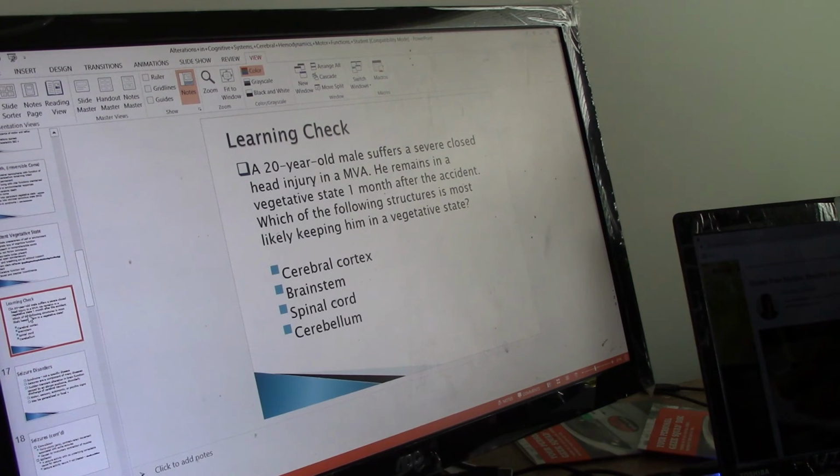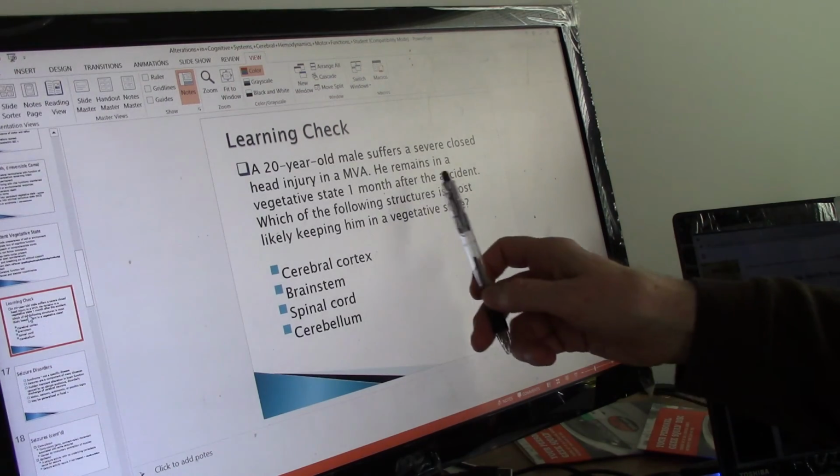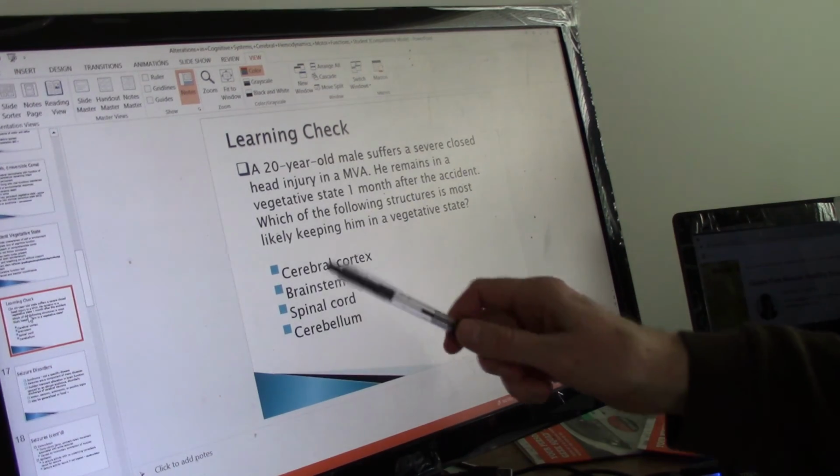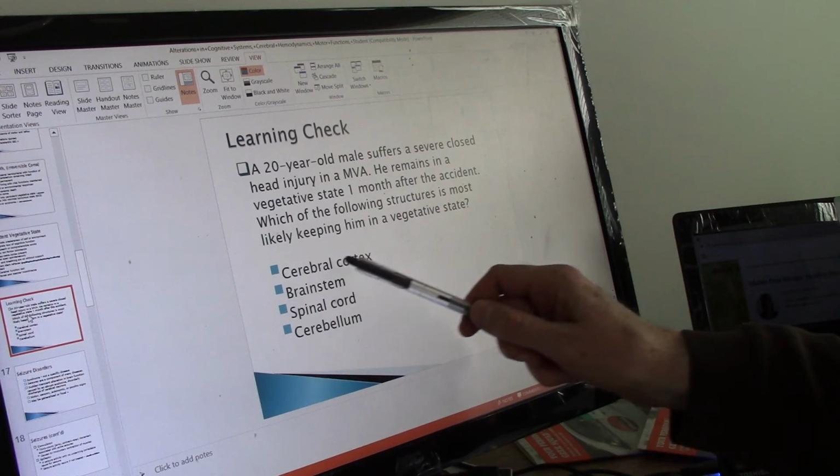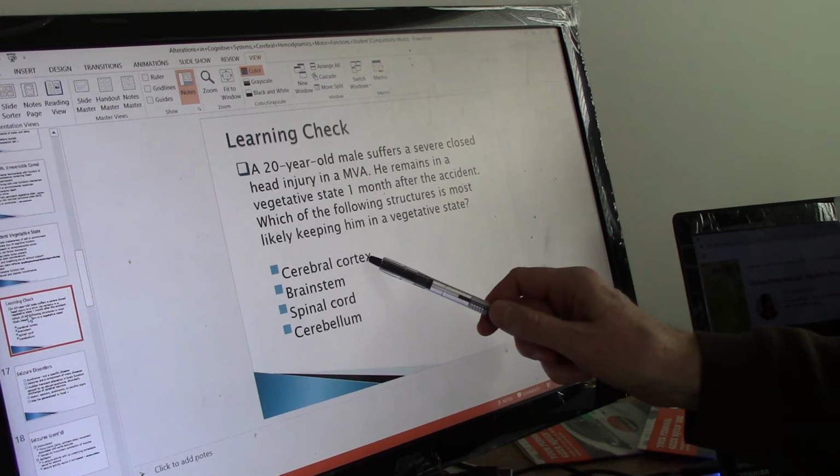Okay, now, this is just a learning check. A 20-year-old male suffers a severe closed head injury in a motor vehicle accident. He remains in a vegetative state 1 month after the accident. Which of the following structures is most likely keeping him in a vegetative state? Well, he has a vegetative state, so we know that he has cerebral death, correct? So it wouldn't be the cerebral cortex.